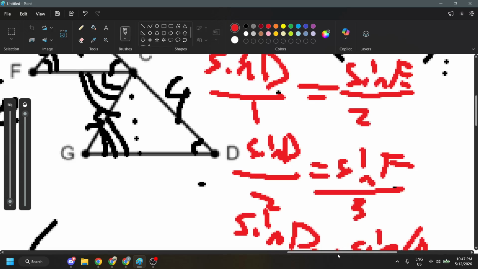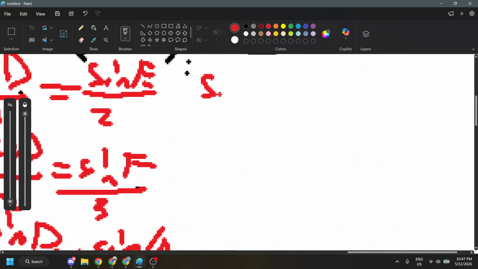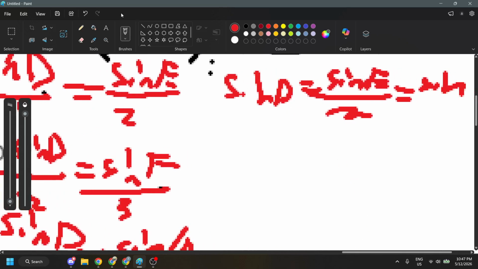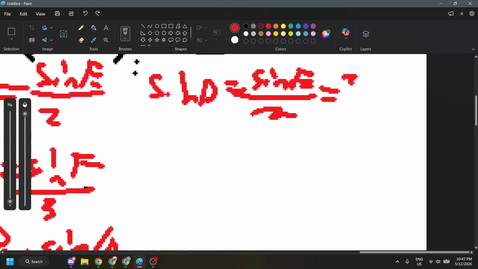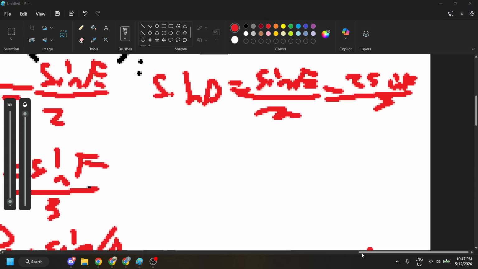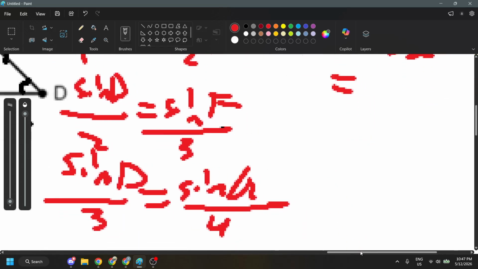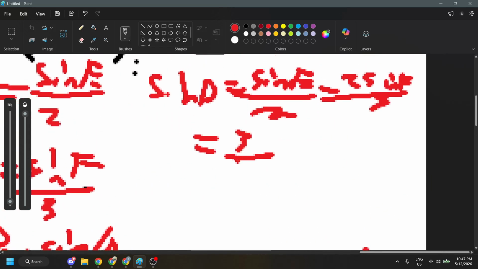So sine D is equal to sine E over 2, is equal to 2 sine F over 3, is equal to 3 sine G over 4.